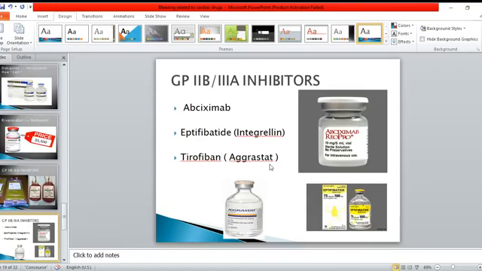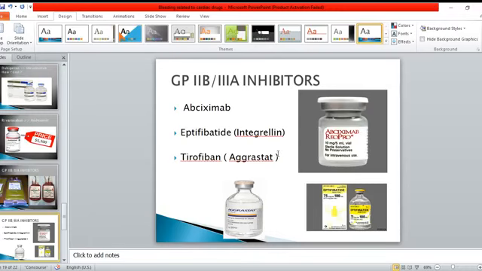So usually within 4 to 6 hours, at least 50% of the platelet activity may resume. These are the commonly used drugs in many countries, with a short half-life of about 2 hours.